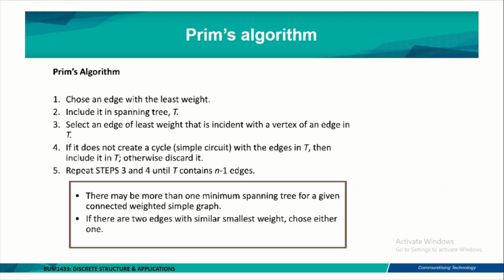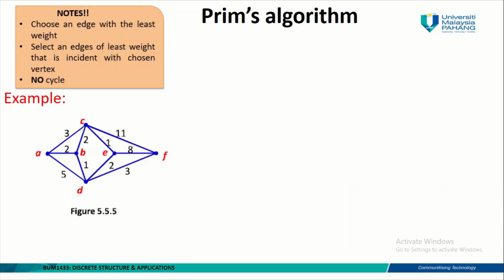So let's see the example for the Prim algorithm. Firstly, we need to take note that in the Prim algorithm we need to choose an edge with the least weight. For the second one, we need to select an edge of the least weight that is incident with the chosen vertex. So we cannot create a cycle in the Prim algorithm.